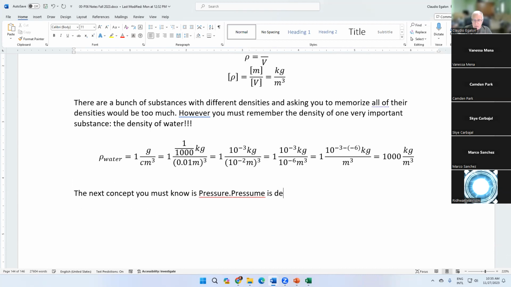Pressure is defined in terms of two parameters that you are already familiar with.